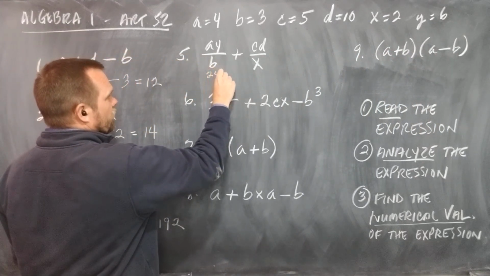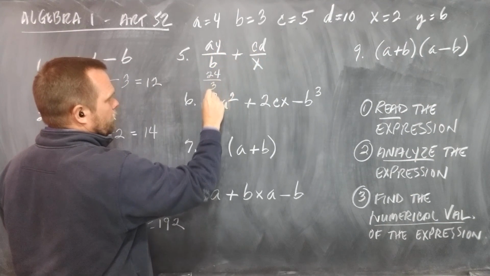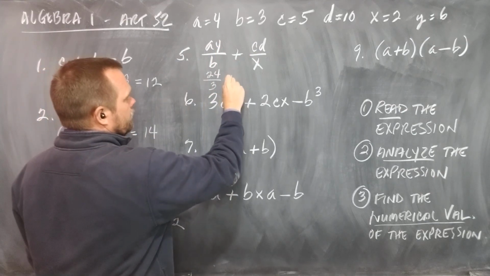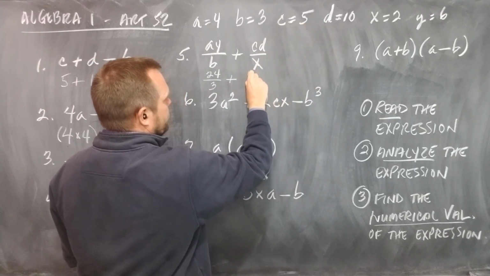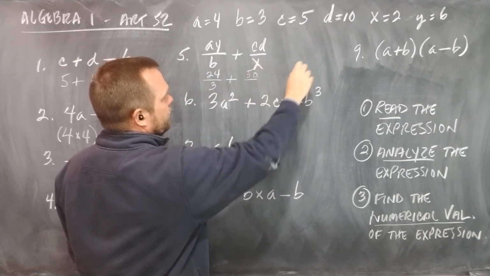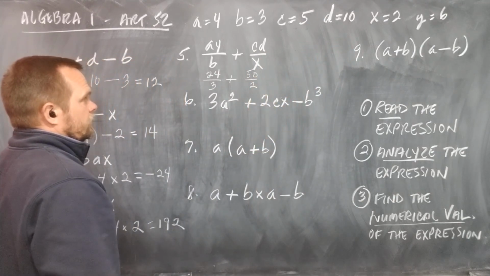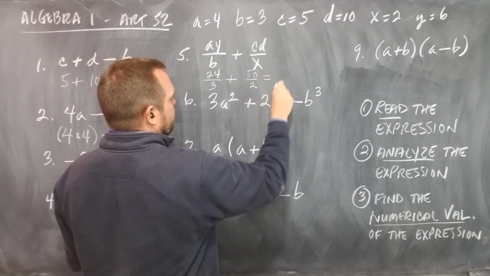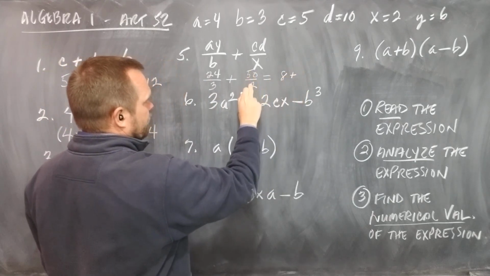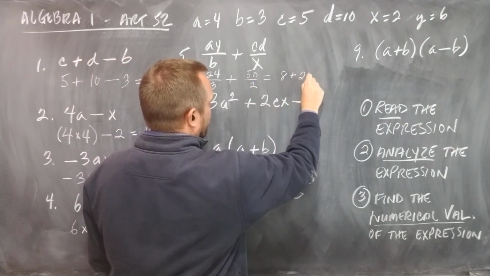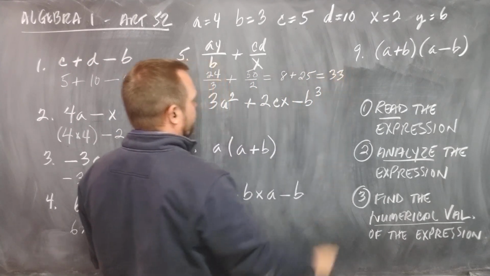So I'll write 24 divided by b, which is 3, plus c times d, 5 times 10, which makes 50, divided by x, which makes 2. 24 divided by 3 is equal to 8, plus 50 divided by 2 is 25. 8 plus 25 makes 33.